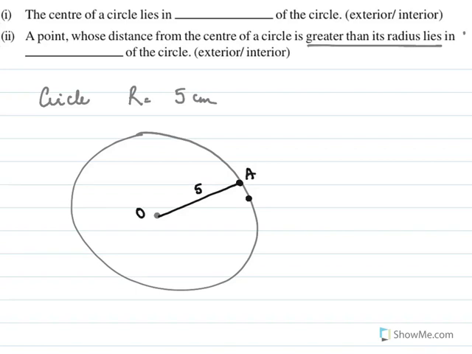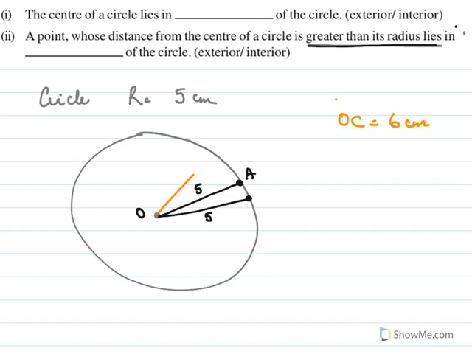Like OA will be 5 centimeters, OB will be 5 centimeters. Now I want a point whose distance is greater than the radius, say 6 centimeters. I want to draw OC equal to 6 centimeters.